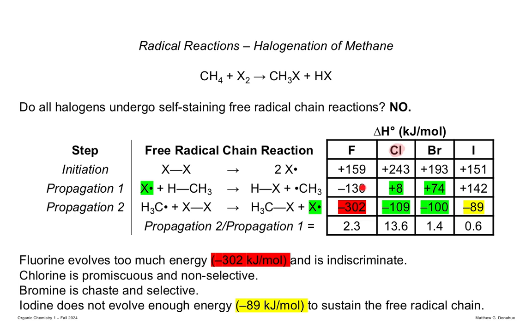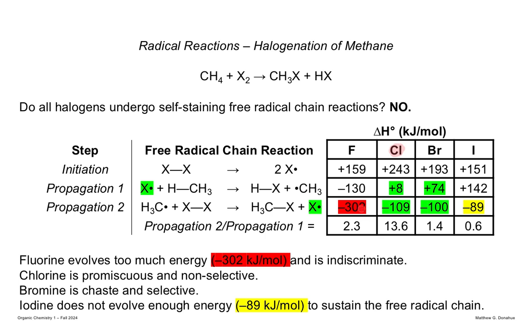So for fluorine, propagation step 1 evolves negative 130, so it's already negative. Step 2 is also evolving energy, negative 302 now.